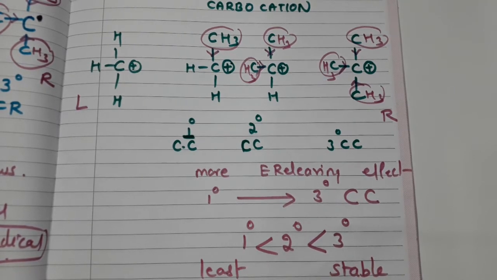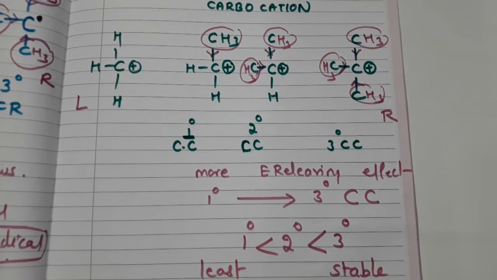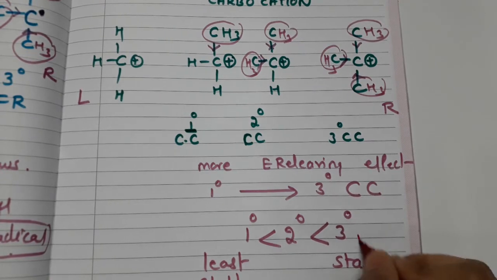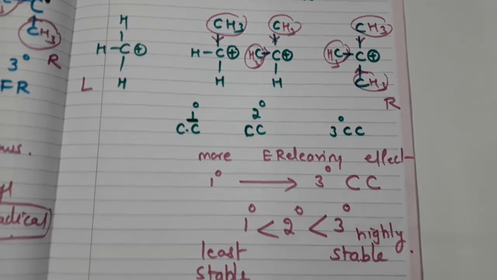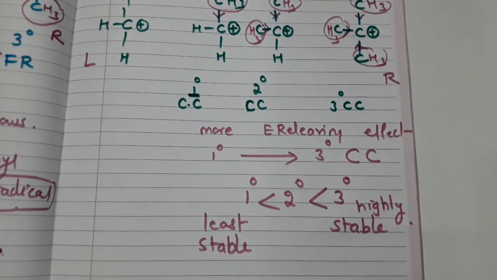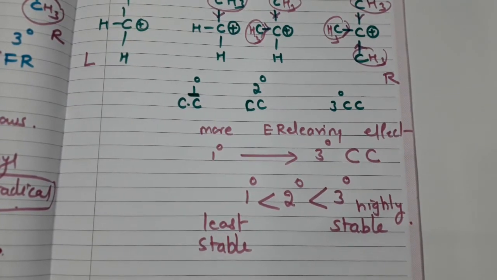So primary carbocation is least stable and tertiary is highly stable. If you compare, students, the stability pattern of free radical and carbocation is one and the same. In our next video, we will study about carbanion, which is formed as the product of heterolytic fission.